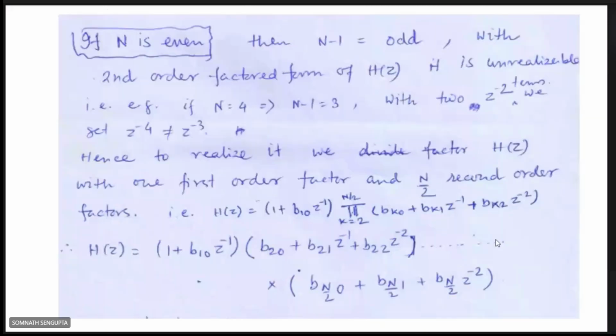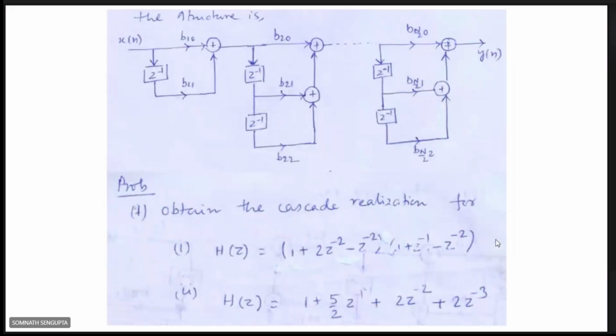So here n is z to the power minus 4. It goes maximum up to z to the power minus 4, so n minus 1 is 4, which means n is equal to 5. So it is an odd order transfer function.